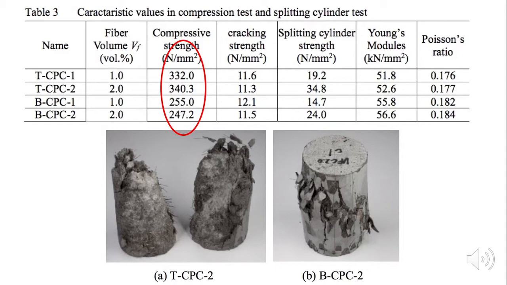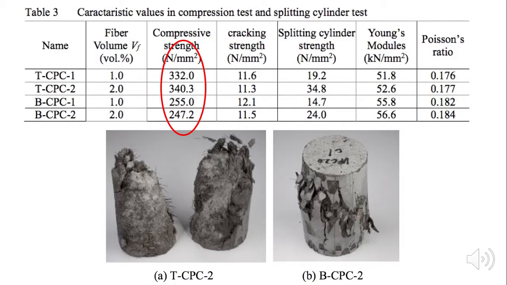They have achieved quite high strength, as you can see here in red, a compressive strength of over 250 megapascals. I think this is quite commendable for concrete which does not have reinforcement bars.